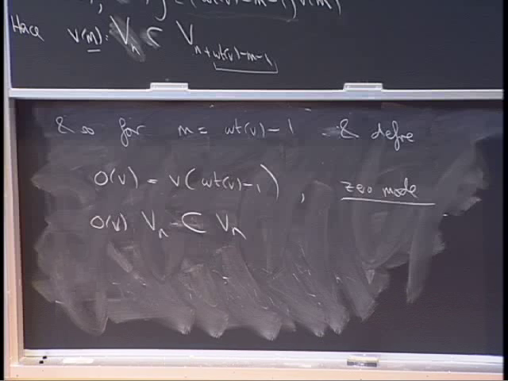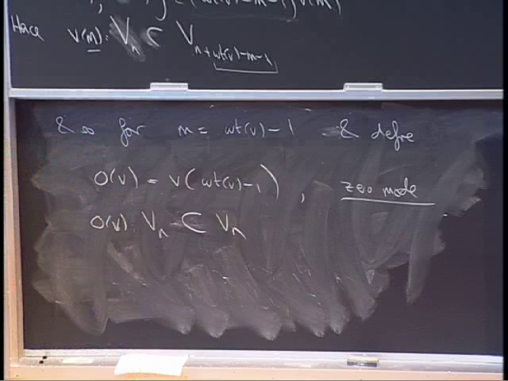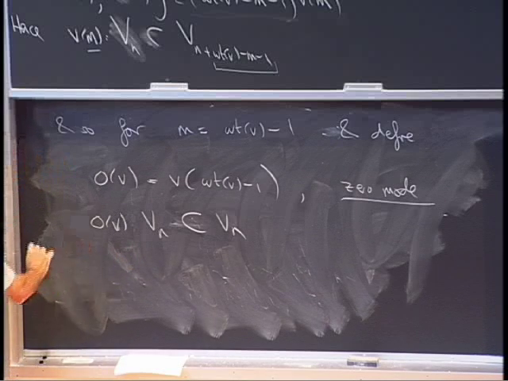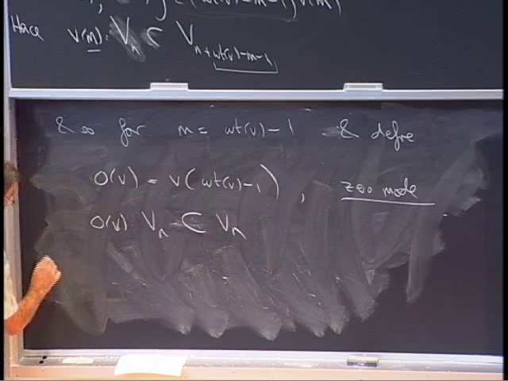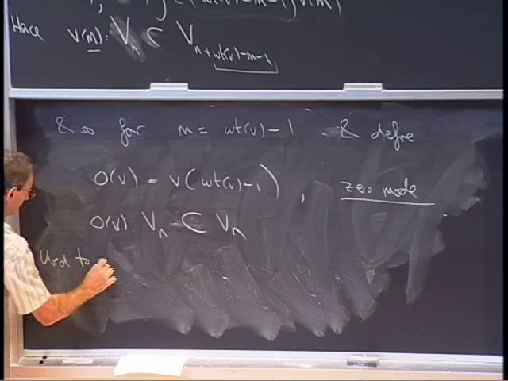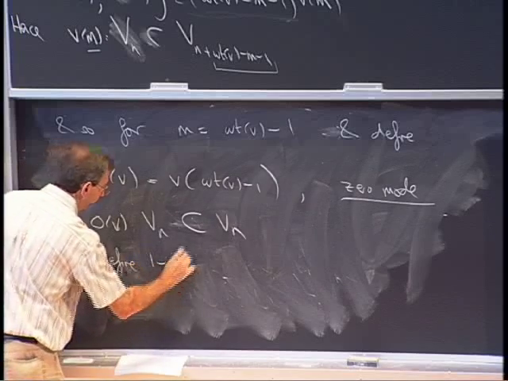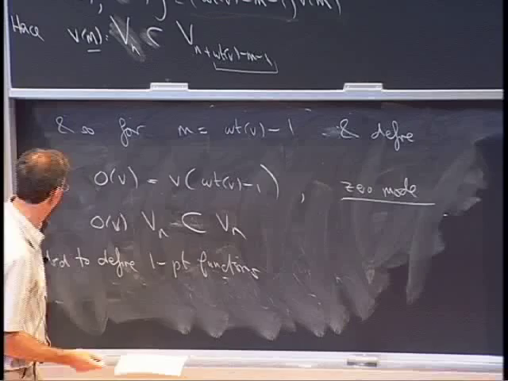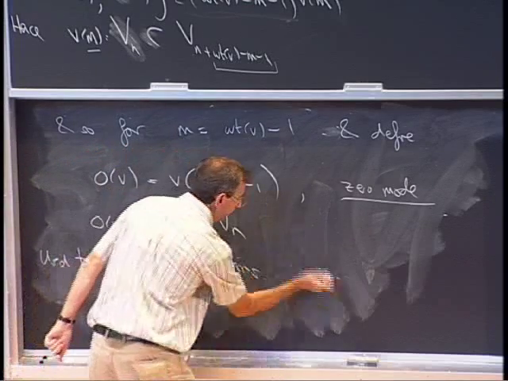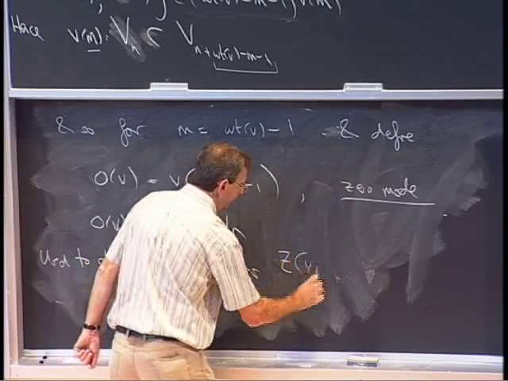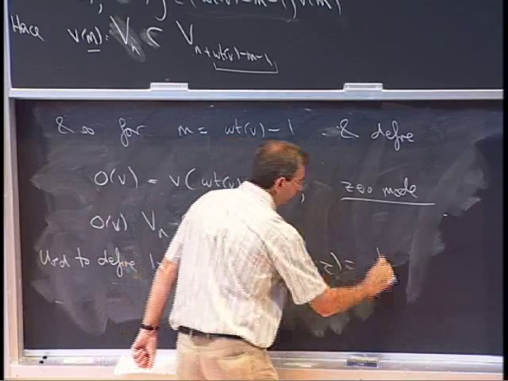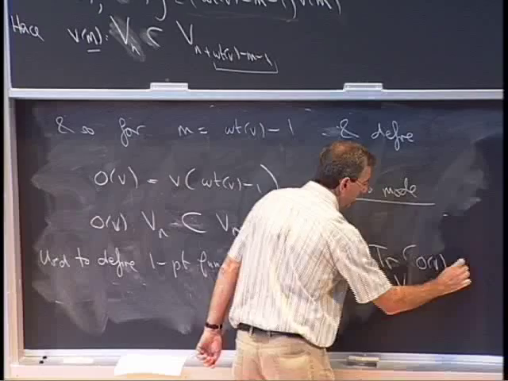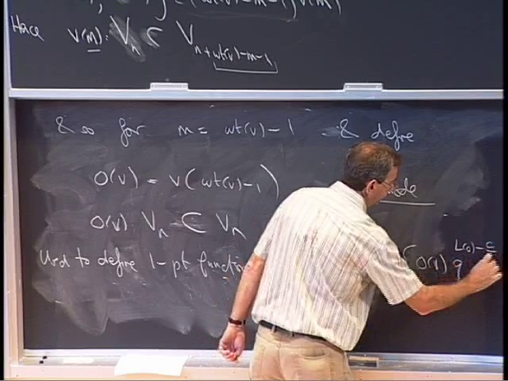This is a natural thing to work with, because after the break I'm going to look at one-point functions and so forth. And this is used to define one-point functions, which is the main subject of this talk. So I'm getting to the main subject in the last 5 minutes. The one-point function, which we define as a function of v and tau, is a trace over our vector space of o of v q to the L0 minus c over 24.